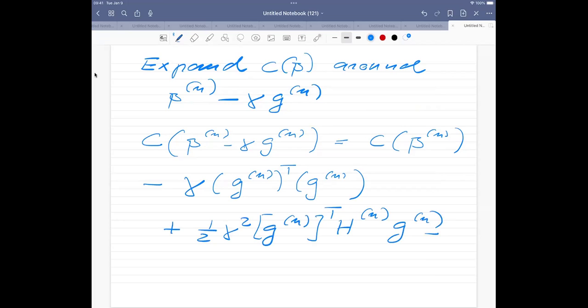And then I have higher order terms. And again, I just leave out the higher order terms in gamma. And I'm going to simplify notation here. So I say that G of n is now replaced by G, and H of n is now replaced by H. And then I take the derivative with respect to gamma.